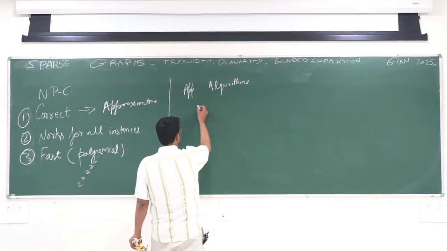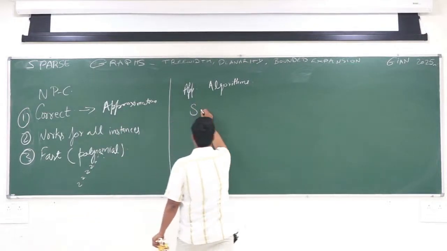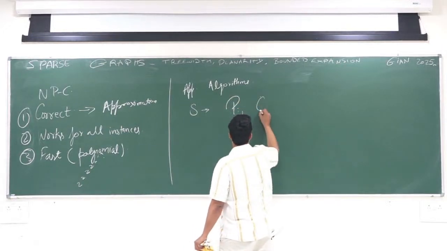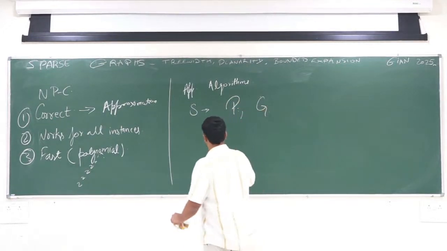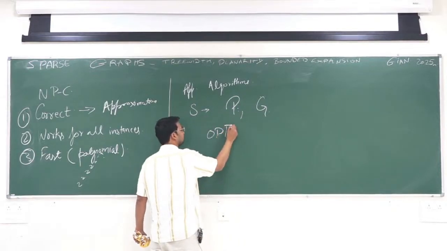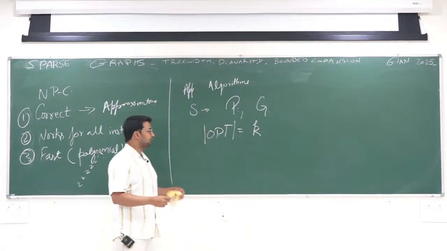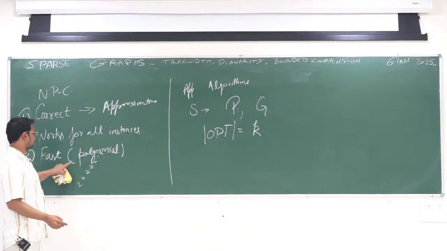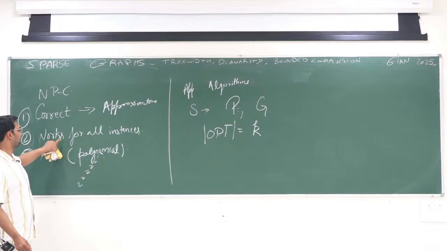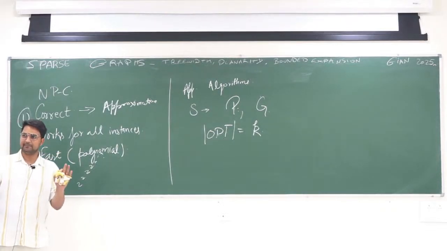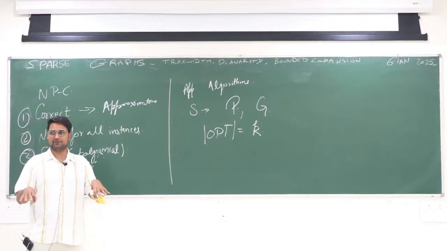So we want a solution for our problem. We have a problem P and an instance, let's call it G. And let's say the size of the optimal solution for this instance is K. We can't expect our optimal solution to be achieved in polynomial time for all instances. We know that. But we say, okay, we will still be happy if you can give me an approximate solution.